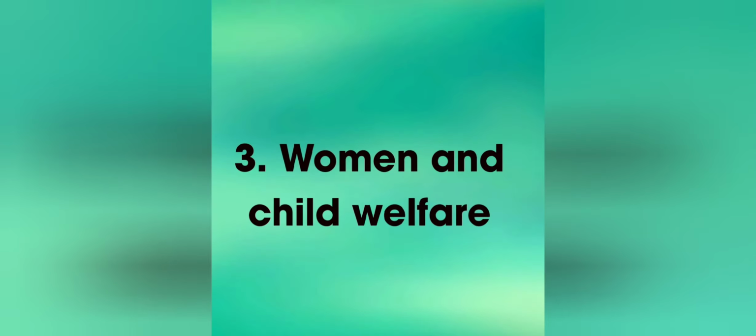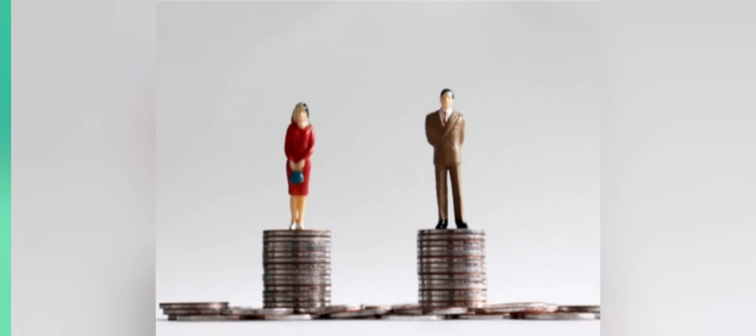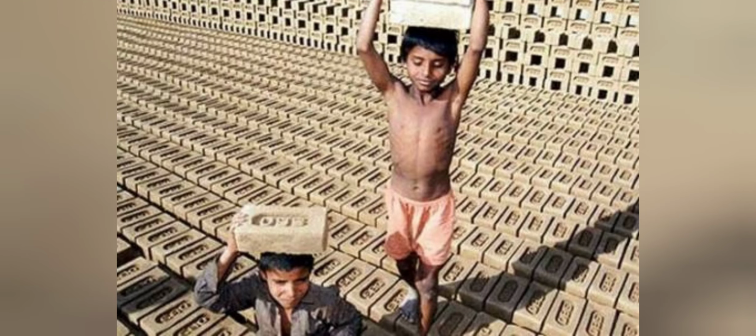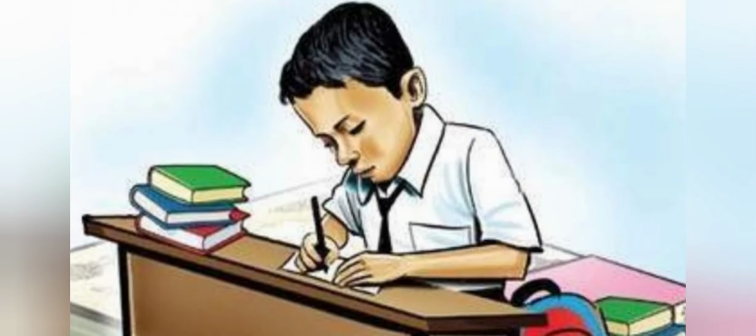Next point is women and child welfare: equal wages to both men and women working in the same field, maternity benefits for women, and also preventing exploitation of children, giving them healthy growth, and also compulsory education for children.